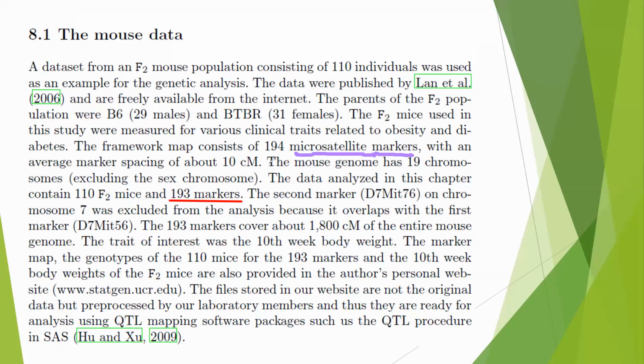The number of those molecular markers is quite limited. At that time this was a very good experiment. They studied 110 mice in an F2 population, and for each F2 mouse they genotyped 193 markers.